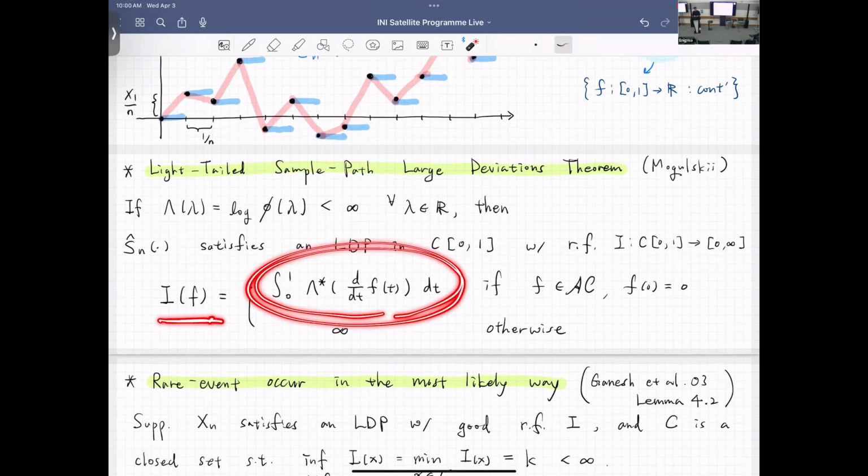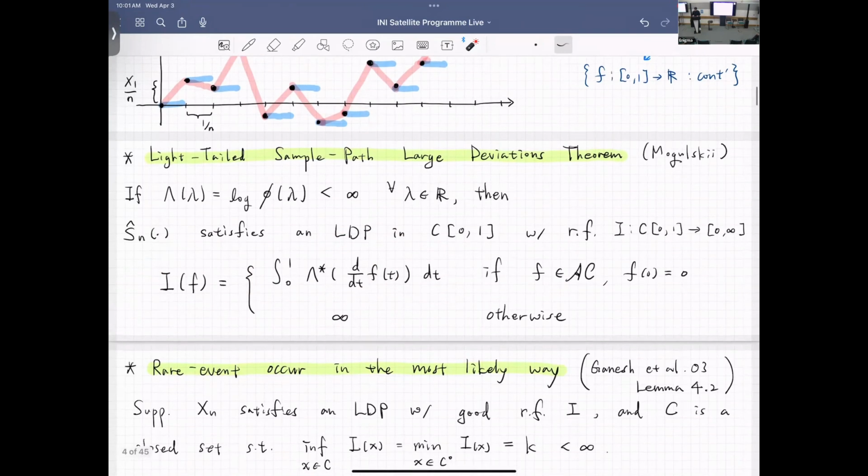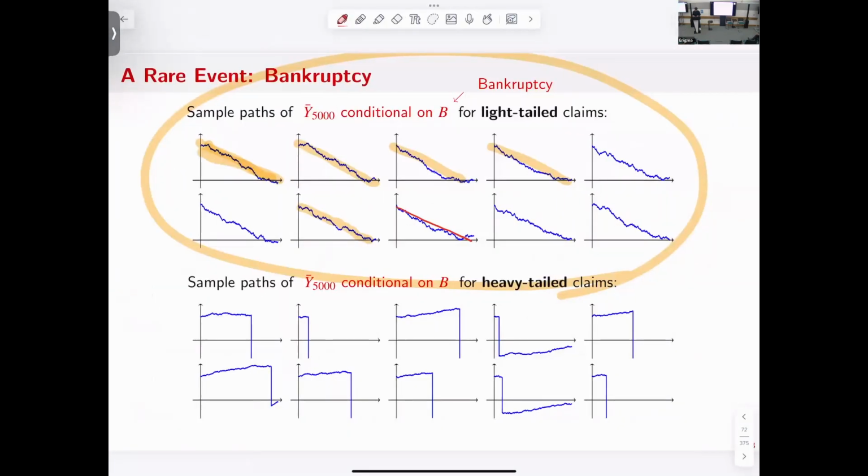You're taking the infimum over all possible paths, and the value that you take the infimum of has to do with the integral of the derivative. So it's a variational problem. If you solve this problem, what you're going to get is this straight line, and that's the x that attains the infimum.